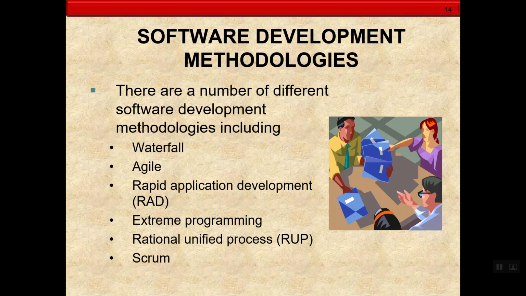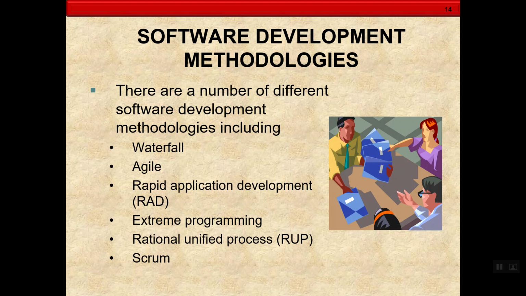The way you do this, though, there's different types of methodologies. We have our high level chart there, but there are a number of different ways you can go about this. So this is a list of some of the more well-known ones. All right, we'll walk through them.